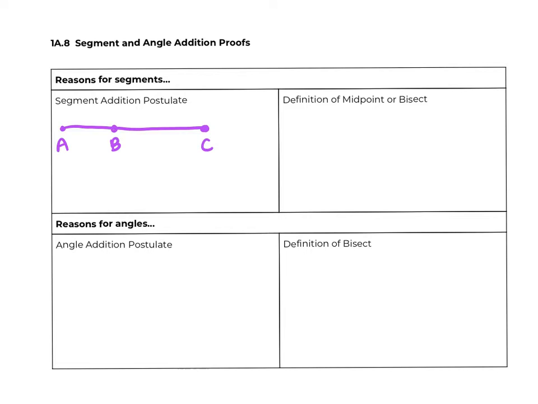So these aren't necessarily congruent, okay? But once they give me that, I can say AB plus, what's my other part? BC will equal the whole, which is AC.